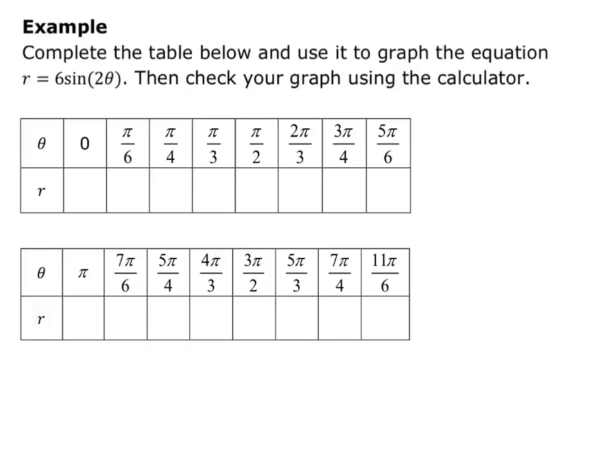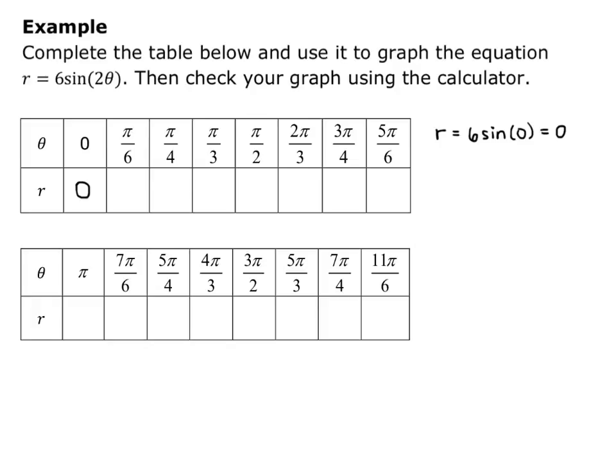So basically I have a bunch of theta values: 0, pi over 6, pi over 4, pi over 3, pi over 2, etc. And I want to plug each one of those into my r function. When theta equals 0, I'm going to have r equals 6 sine of 0, and we know that that is equal to 0. So I'm going to put a 0 in my table for r.